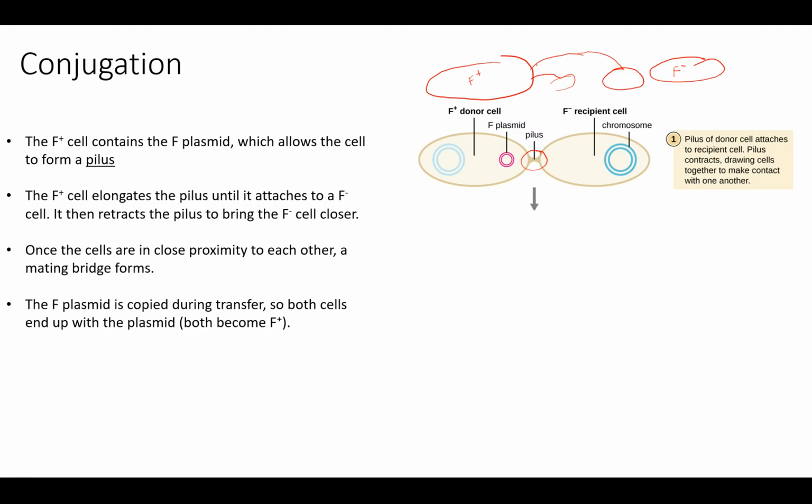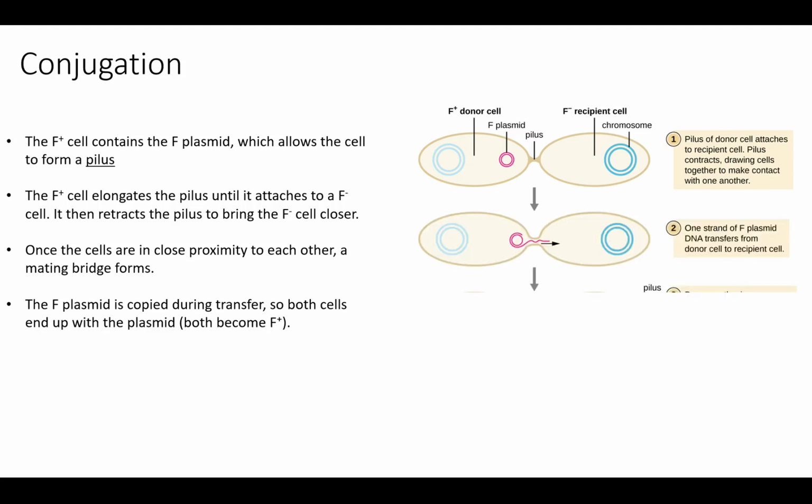Okay. So now take a look at the plasmid itself and think about the little reminders that I gave you earlier about plasmids. And I want you to notice that the plasmid itself is a double stranded molecule. Okay. But the donor cell doesn't send the entire plasmid into the recipient all at once.